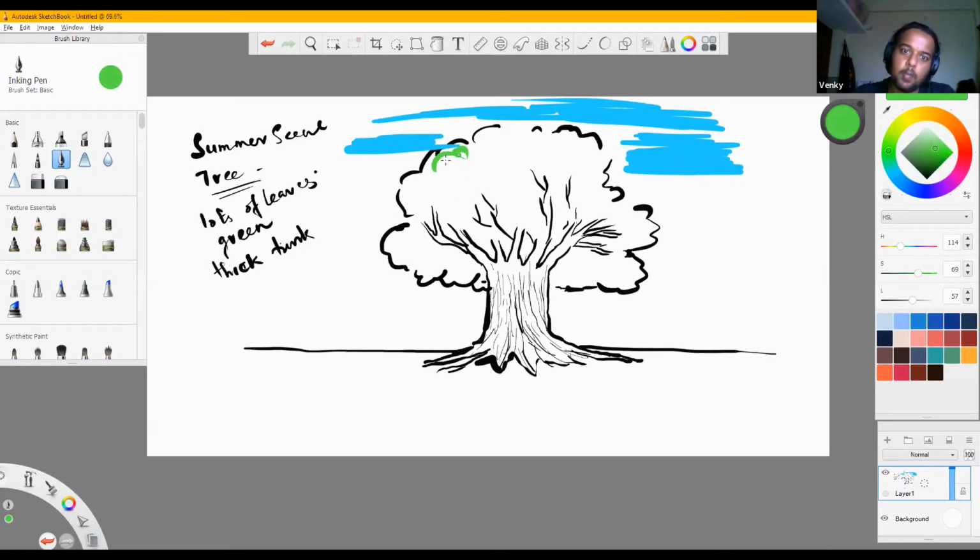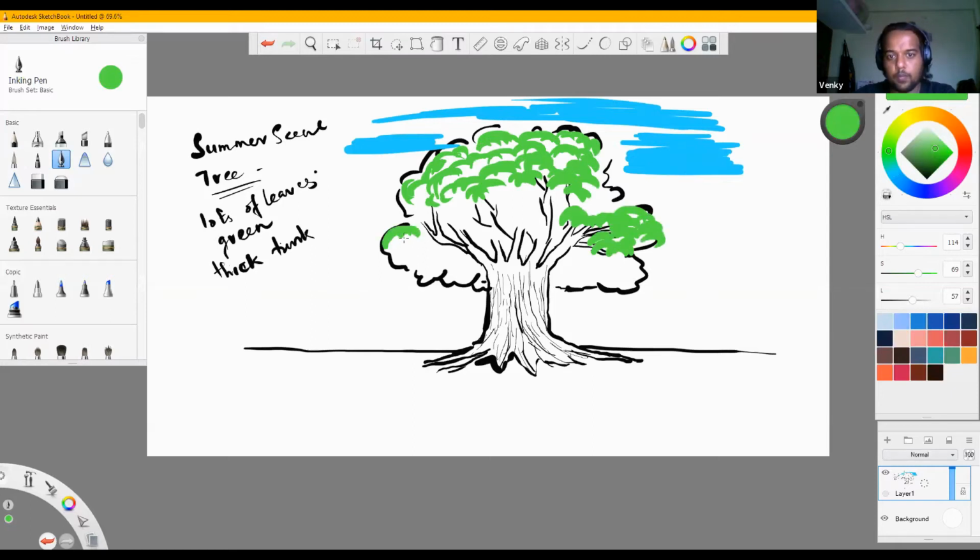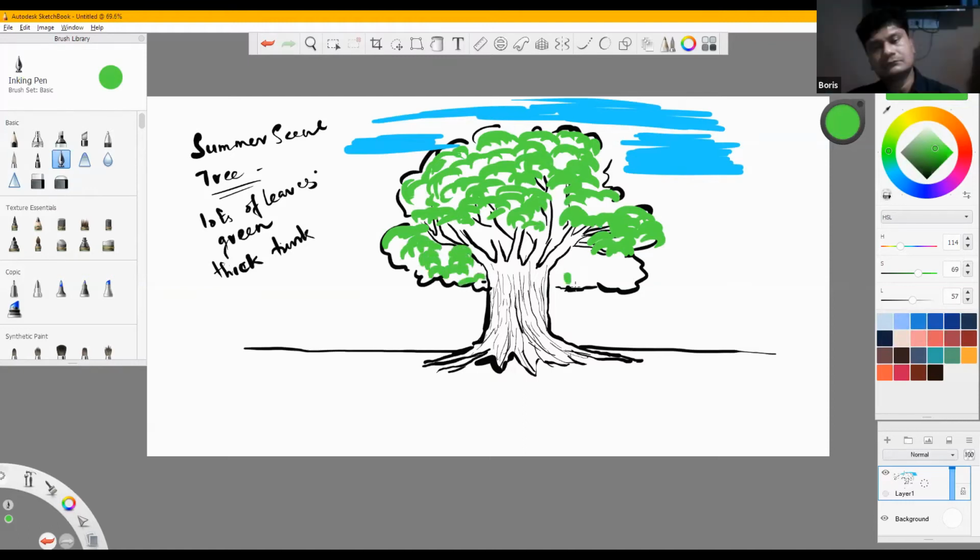So the leaves will be of this color, say bright green. And then the trunk is brown. So let's say this brown.